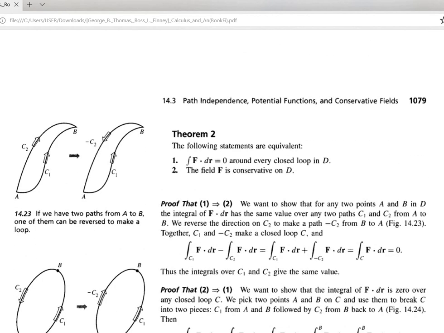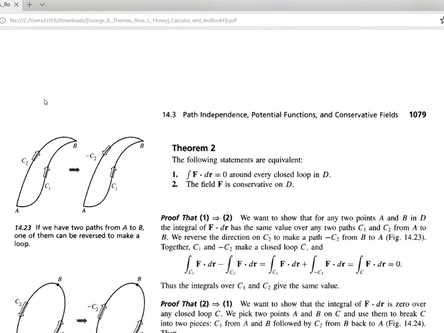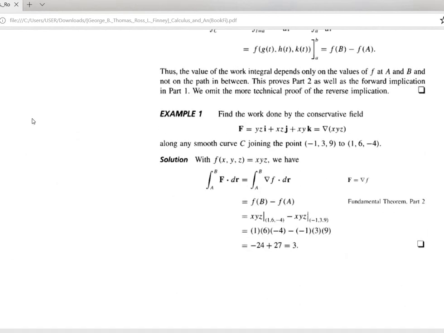I'm going to move on to theorem 2. Before that, how can you find out this f? F is equal to del f. I will show you.